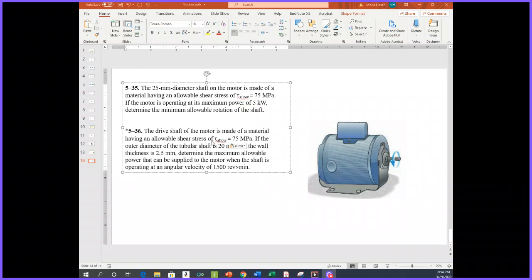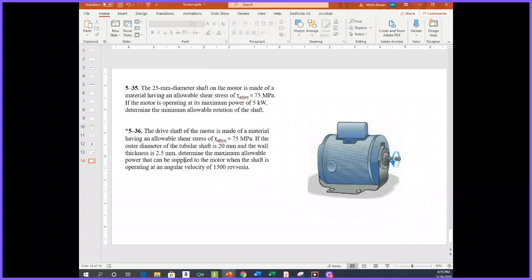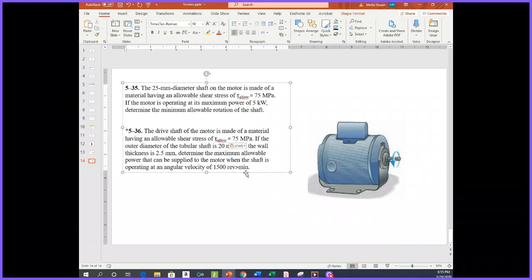Now here it is saying that the allowable stress is also 75 megapascal, and if the outer diameter of the tubular shaft is 20 millimeter and the wall thickness is 2.5 millimeter, determine the maximum allowable power that can be supplied to the motor. And the angular velocity should be 1500 revolution, and let me correct this one, 1500 revolution should be per minute.